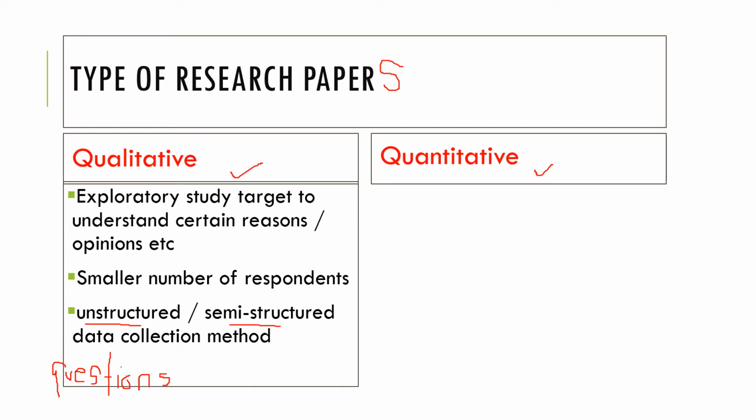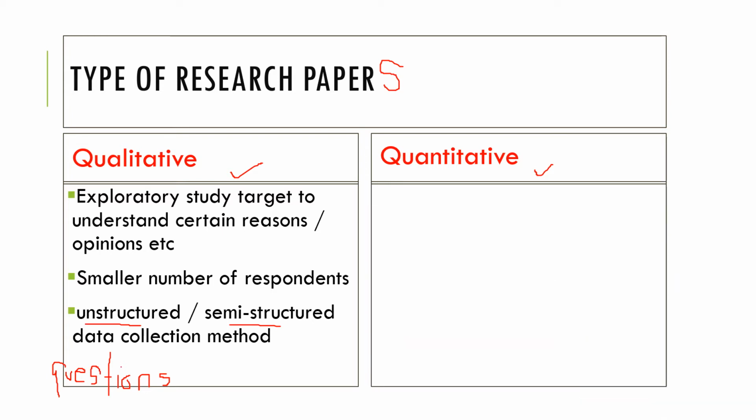Sometimes it's totally unstructured, whereby the researcher will just go and see what's going on using the method of observation. Okay, so there is one study called ethnographic study, whereby you want to see the life or social aspects of a certain society.